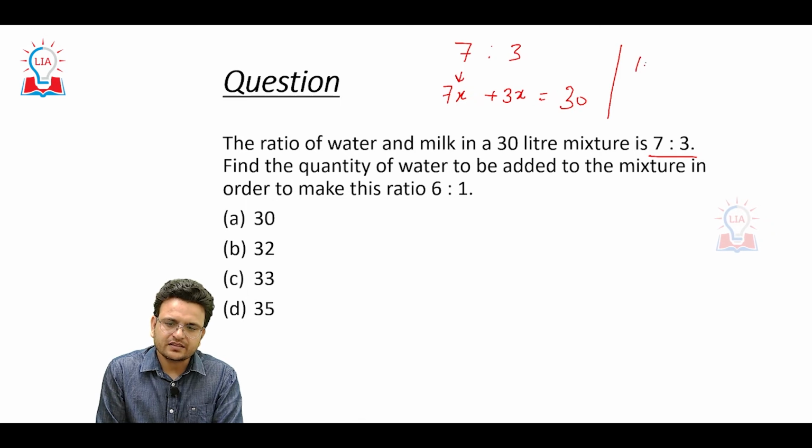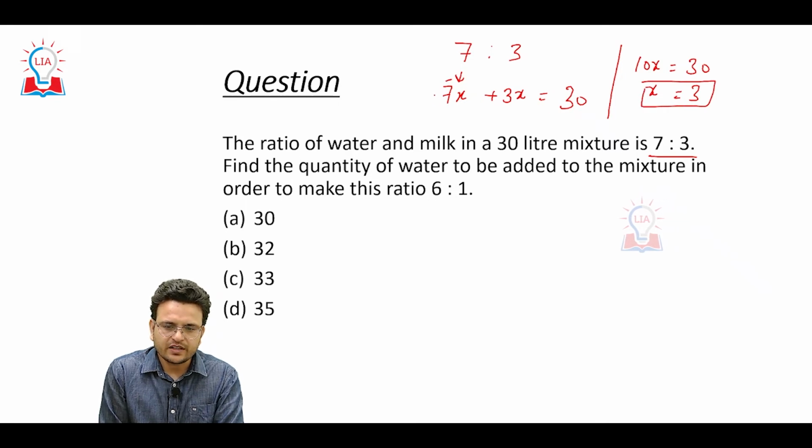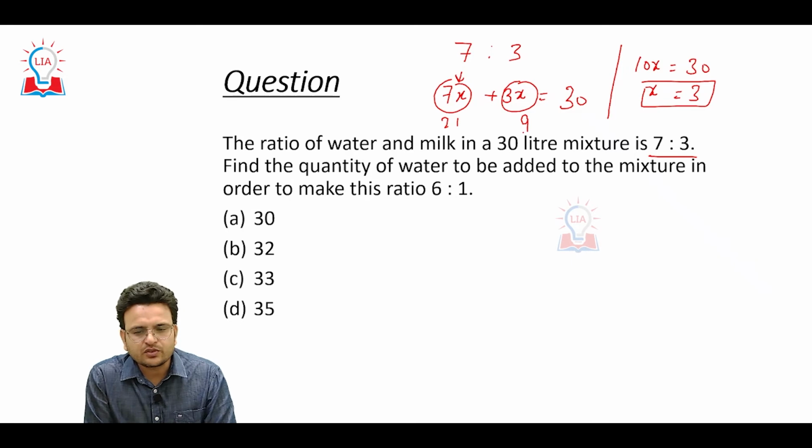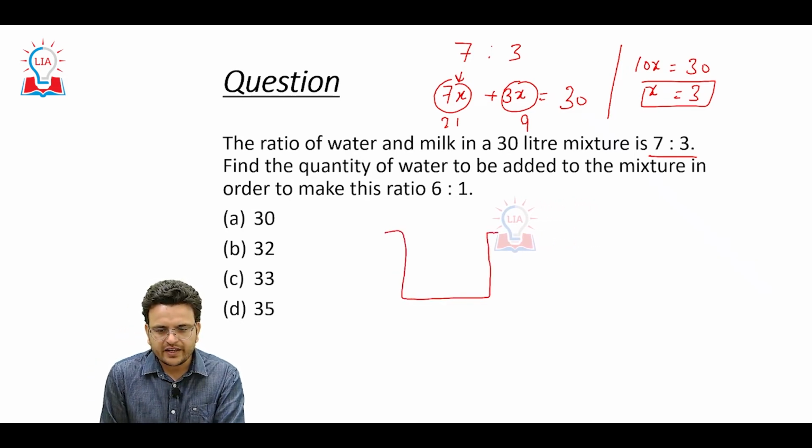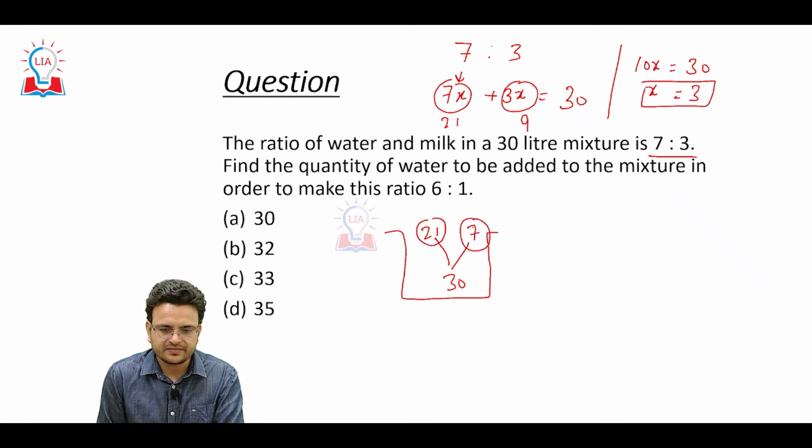So 10x becomes equal to 30, x becomes 3. So water will be 21 and milk will be 9. So we have a mixture of 30 liters total quantity, where water is 21 liters and milk is 9 liters.